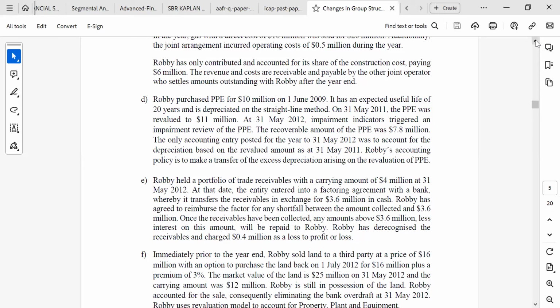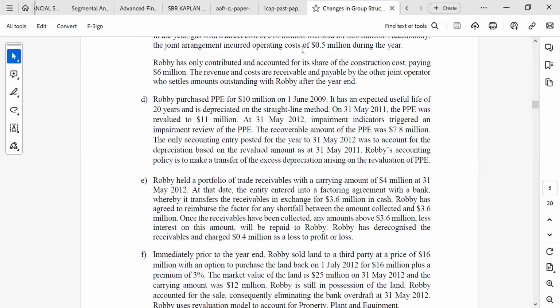The recoverable amount of the PPE was 7.8 million. The only accounting entry posted for the year to 31st May 2012 was to account for the depreciation based on the revalued amount as at 31st May 2011. Robbie's accounting policy is to make a transfer of the excess depreciation arising on the revaluation of PPE.